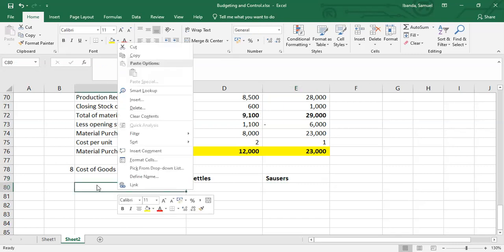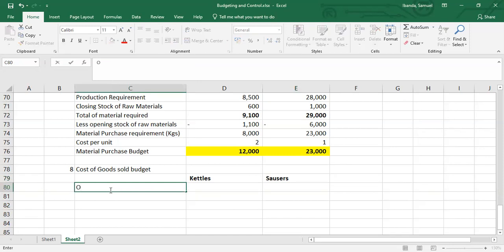So let's look at our opening stock. From the question, when you look at still Roman number 2, they gave us opening stock. They gave us 900 units for kettles and 200 for saucers.